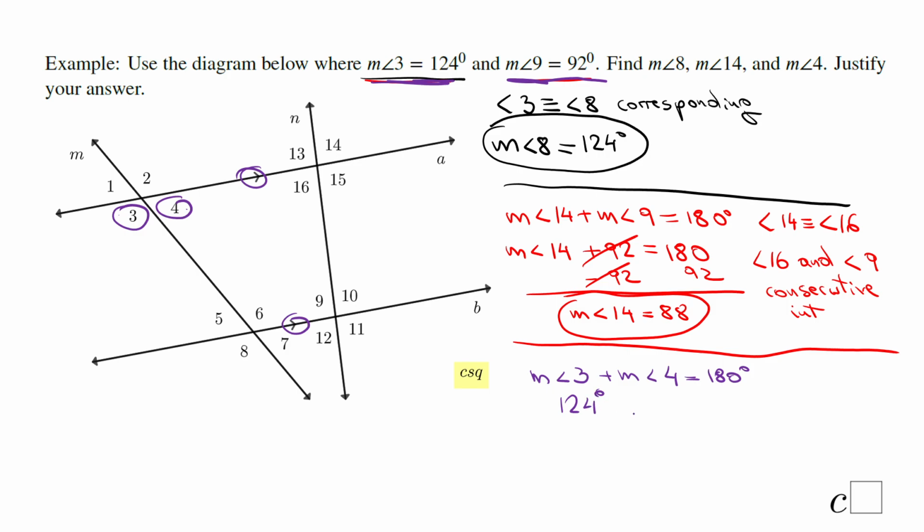124 degrees, that is the measure of angle 3, plus the measure of angle 4 equals 180. So let me erase a little bit the m we have here to be sure we understand what that means. So just subtract 124 on both sides.